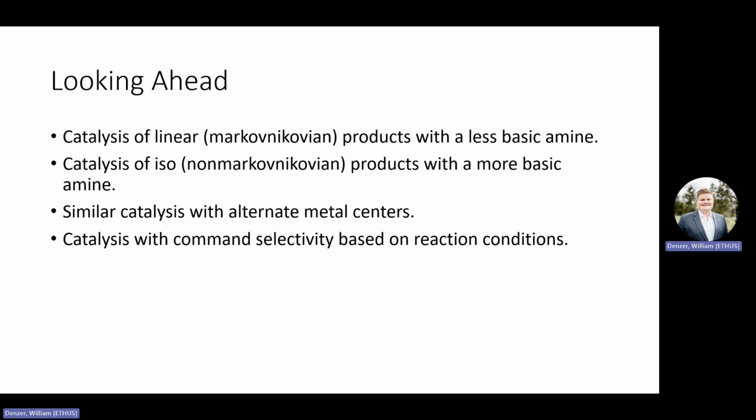Some sort of command over the reaction conditions. This would be easily applicable to industry or other forms of scale up where a wider variety of reaction schemes would be necessary for creating different compounds.